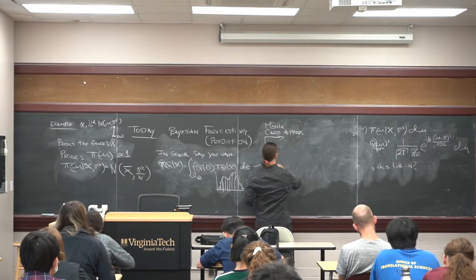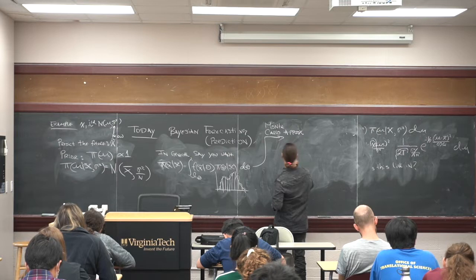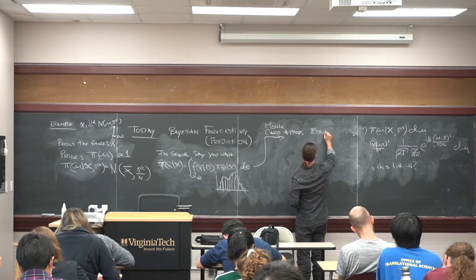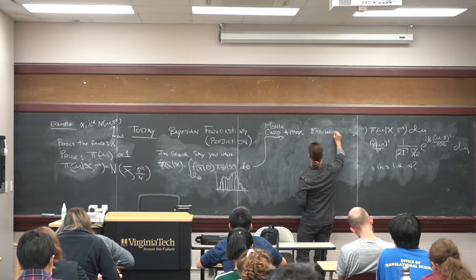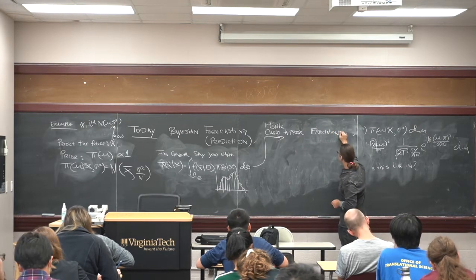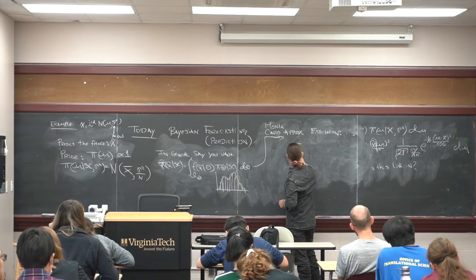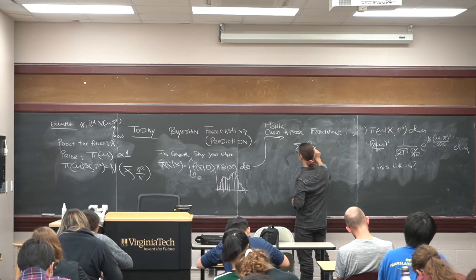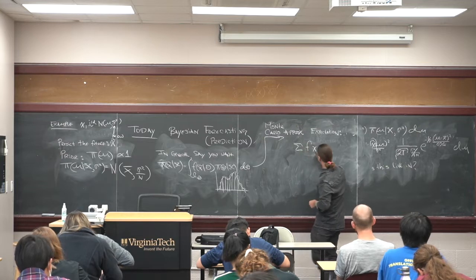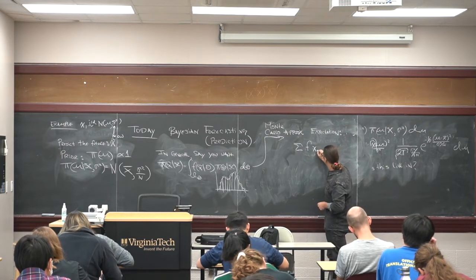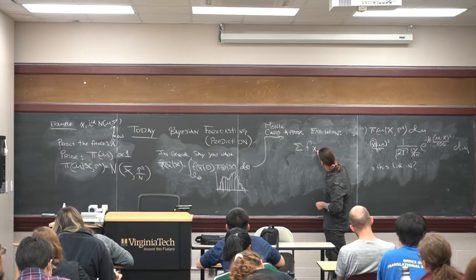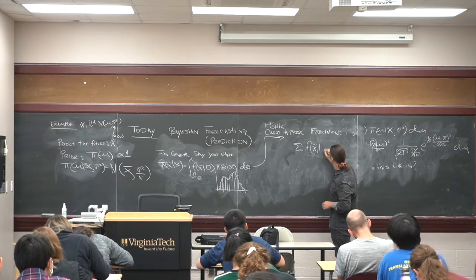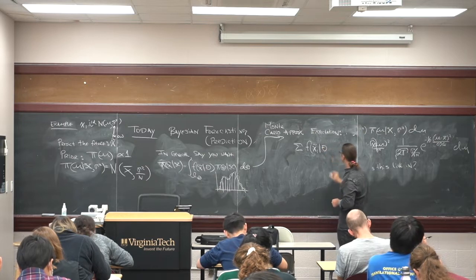So what I'm going to do to come up with the expectation, this will be the Monte Carlo approximation for the expectation. That will look like this. F of x, and I'm just going to write this down, is x tilde i given theta.